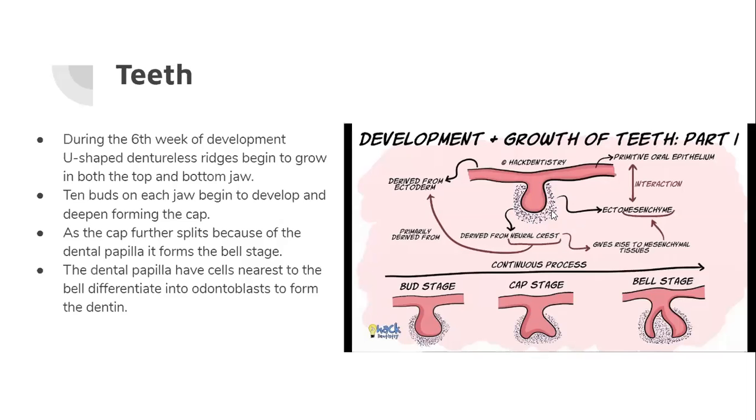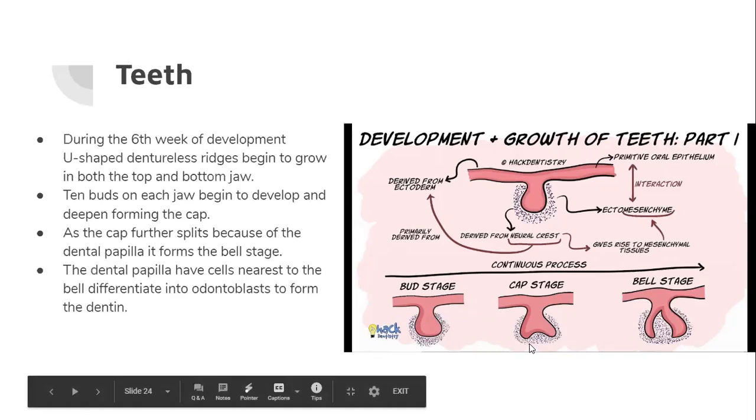These are mesodermal cells, and they will be developing into the dental papilla. So at first, we will have the cap stage. Here's the bud, and then the cap will start to invaginate. That's the dental papilla right there. And then it will invaginate so much and form our bell stage.